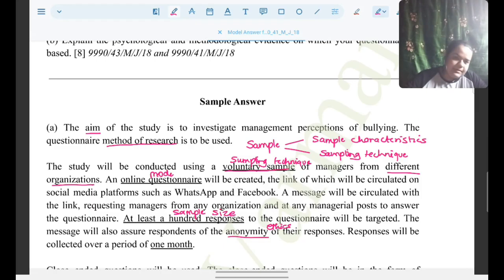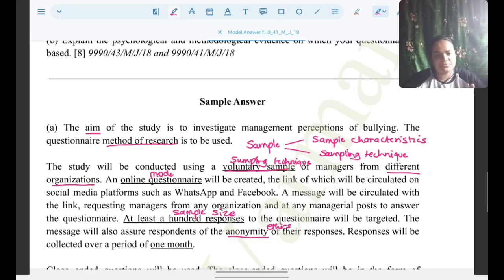I don't recommend that, because I believe that at whatever point the ethical issue is relevant, we should address it at that point only. So in the beginning of the study, if some ethic is important, I have mentioned it right there. Assuring respondents that their answers will remain confidential or anonymous is something we need to do right at the beginning, before they even start answering the questionnaire. So that is why I have mentioned it there itself.